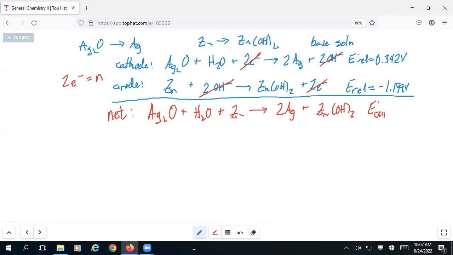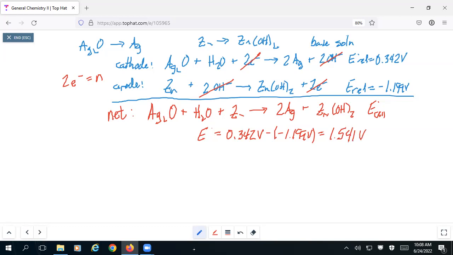Now, the E cell value, we could use these reduction potentials, and that would be 0.342 volts minus the negative 1.199 volts. Which would give us 1.541 volts.